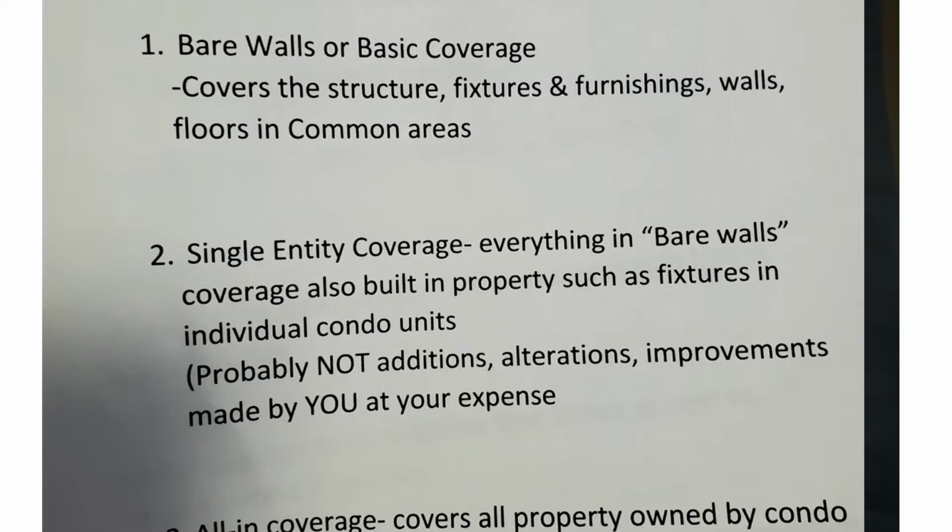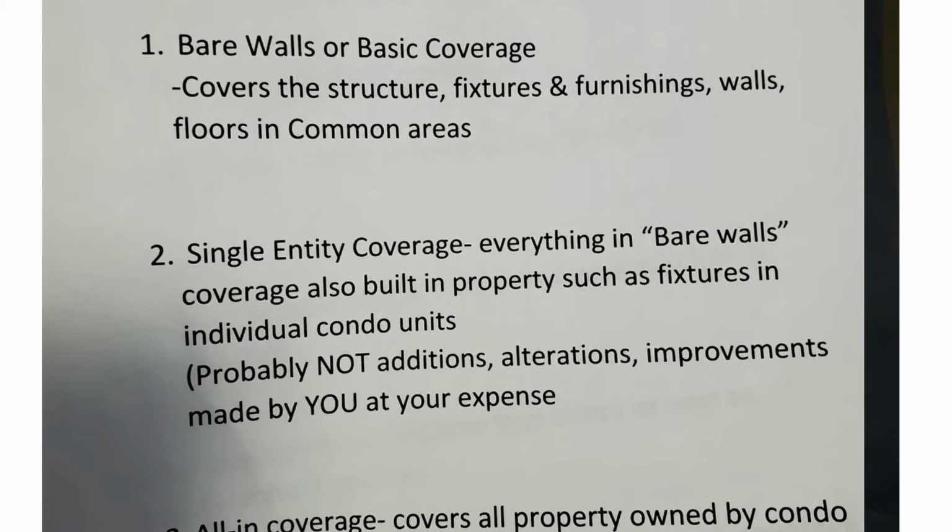It covers hallways. The second type of policy is what they call a single entity coverage. So it's everything that was already in the previous number 1, which is the bare walls and basic coverage. But then it also covers built-in property in the units, things like fixtures that are in the individual units.